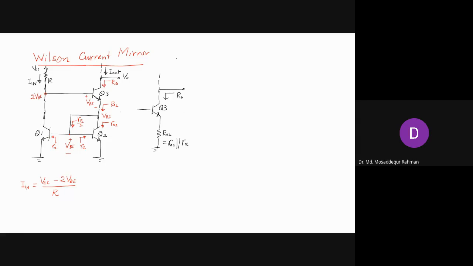So now what can we write for R naught? Since r naught, the output resistance, is much larger than R pi, we can easily approximate R02 to R pi by 2.